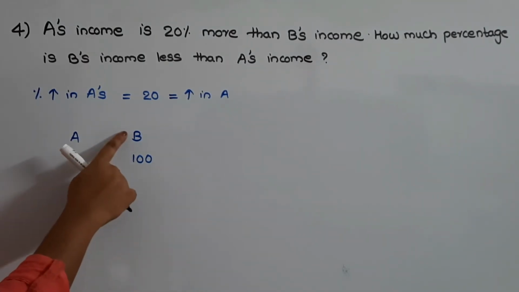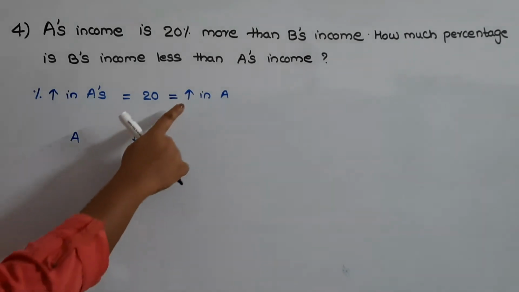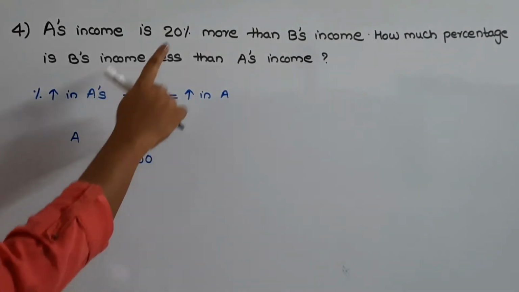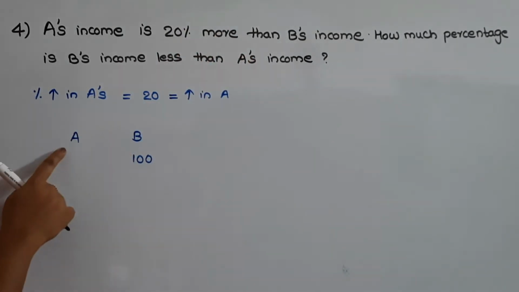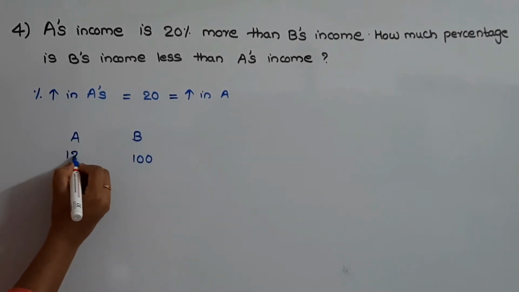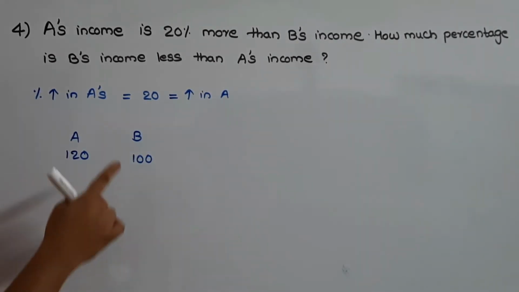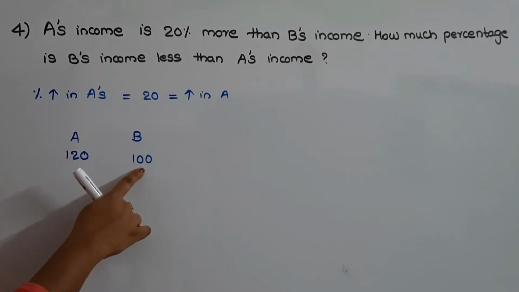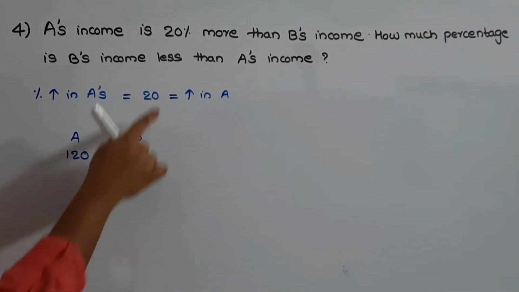Okay. Now, if B's income is 100 and increase in the income of A than B is 20, then A's income will be equal to 100 plus 20, that is 120.